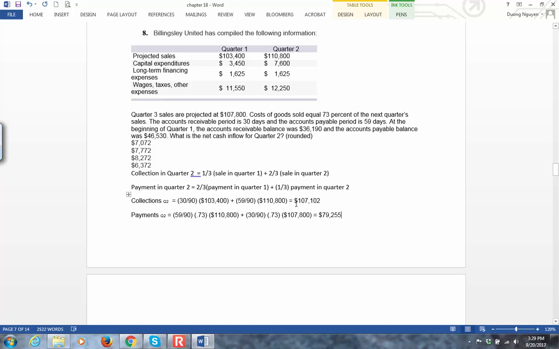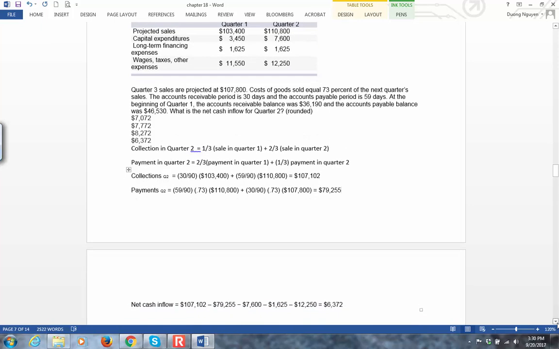Okay, what is the net cash inflow? So you collect 107,102, but pay out 79,255. The company also made payments for capital expenditures 7,600, long-term financing expenses 1,625, wages, taxes 1,250.